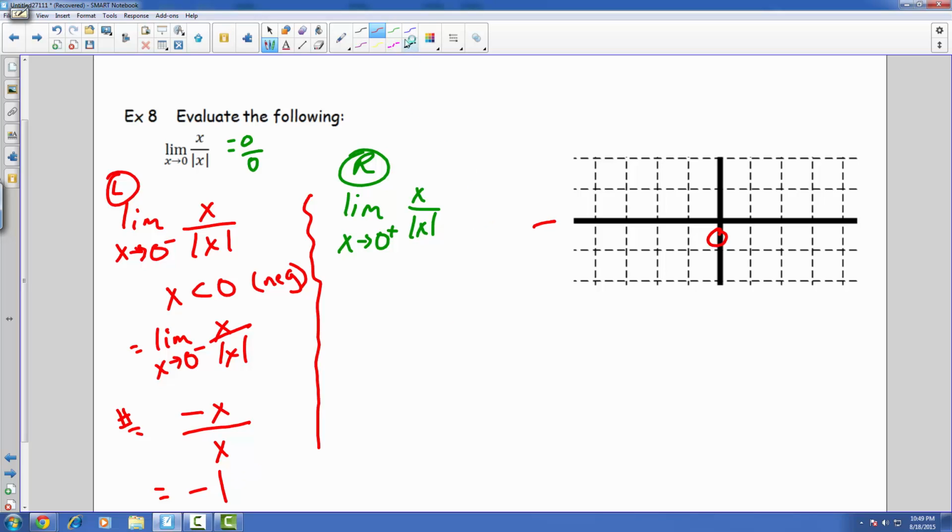Now on the right side, things are handled very, very similarly. The only difference is that you are to the right of 0, so you have some positive x values and you're trying to get closer and closer and closer to 0. So x in this case is going to be larger than 0, giving us some positive.